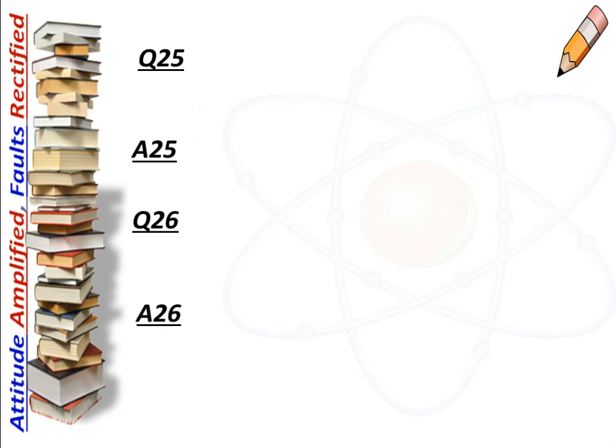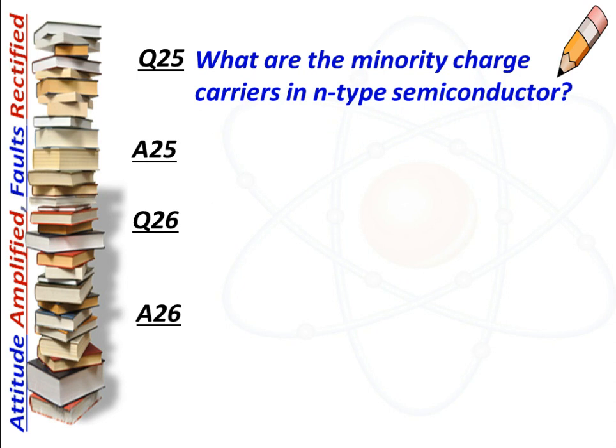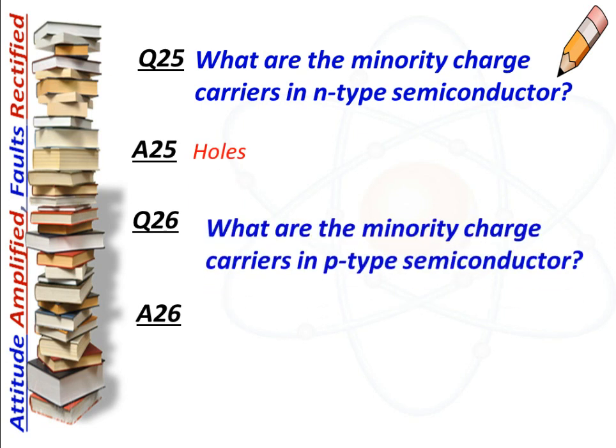Next question is, what are the minority charge carriers in N-type semiconductor? Holes. What are the minority charge carriers in P-type semiconductor? Free electrons.